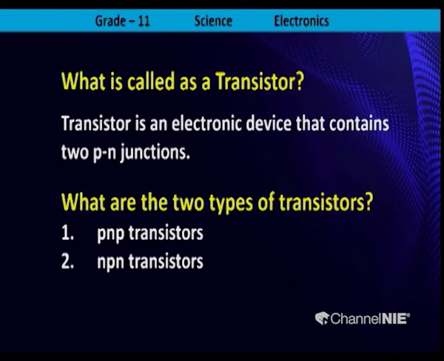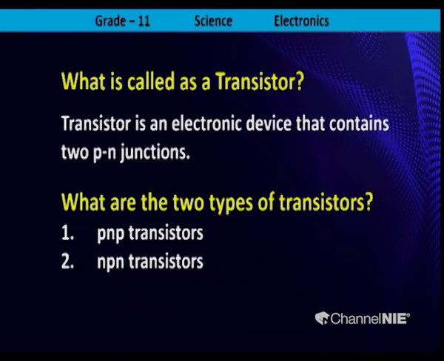Transistor is an electronic device that contains two p-n junctions. I am sure you can remember what are p-n junctions. A p-n junction is made by joining p portion with n portion in a special manner.